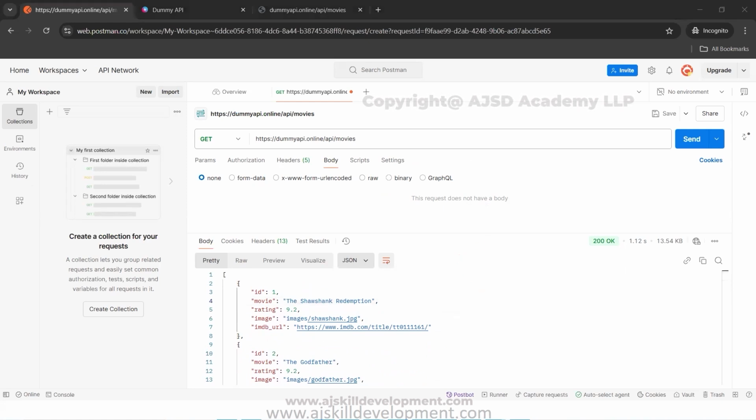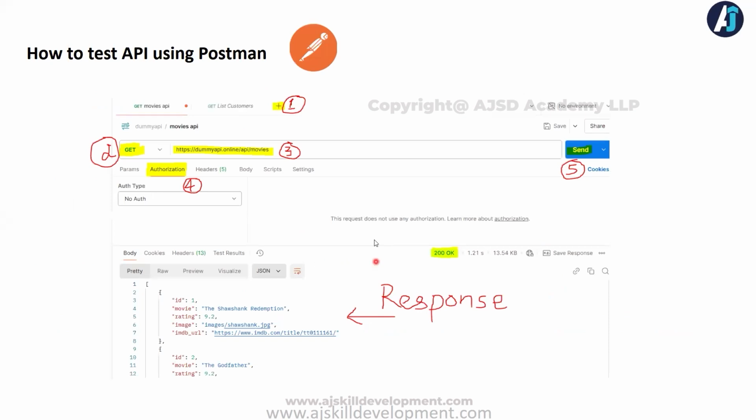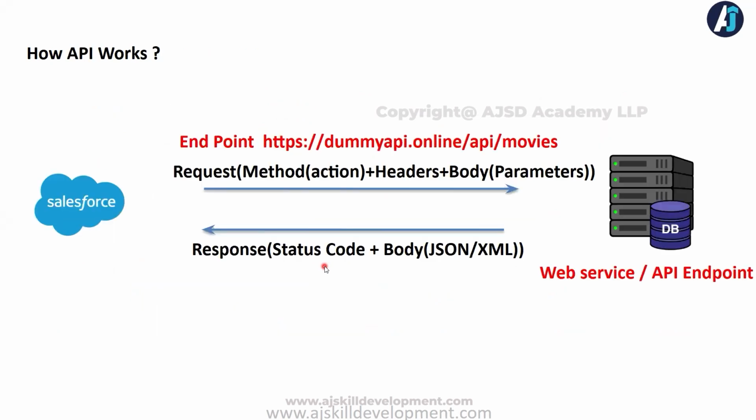So let me quickly go to the presentation. We have understood how to use Postman to hit an open endpoint. I have shared the screenshot here. 1, 2, 3, 4. This information shows the order in which we have to hit an endpoint. The actions I need to perform are shared in this presentation. This API works by sending a request to the endpoint, and from the endpoint the response comes back.